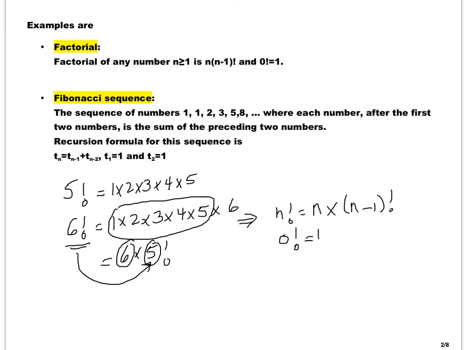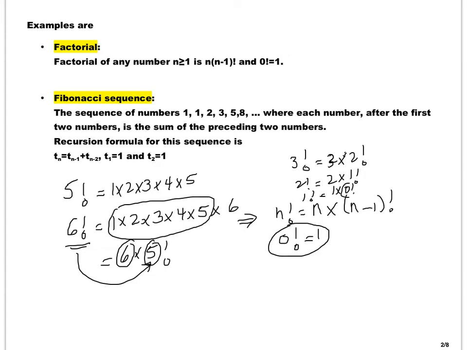For instance, if I don't have this condition here, then I'm going to write that 3 factorial is 3 times 2 factorial. 2 factorial is going to be 2 times 1 factorial. 1 factorial is going to be 1 times 0 factorial.